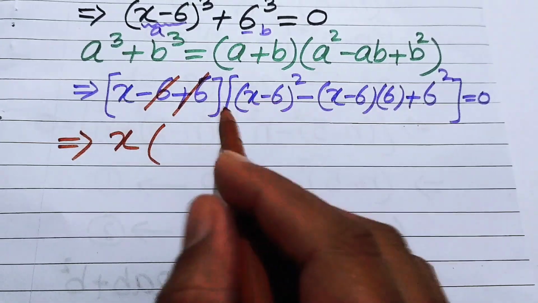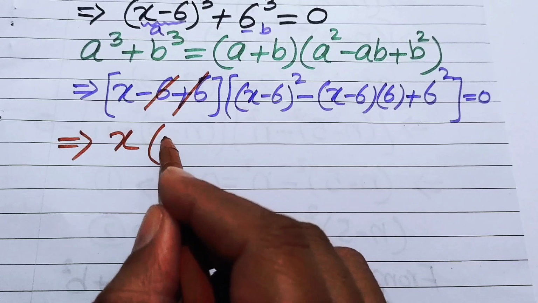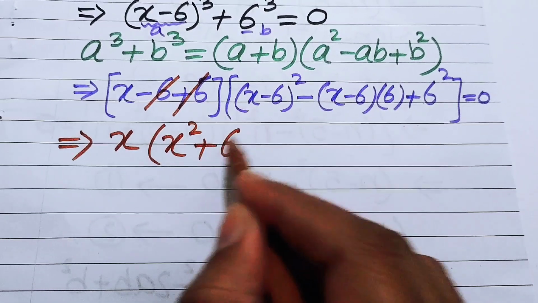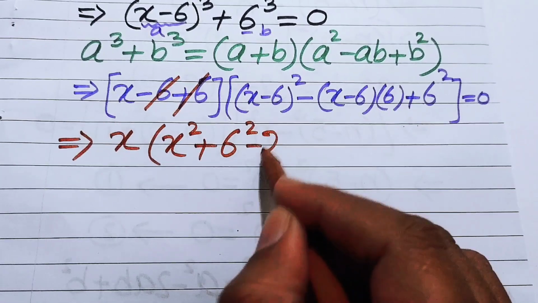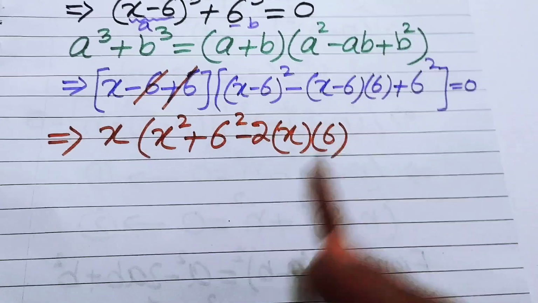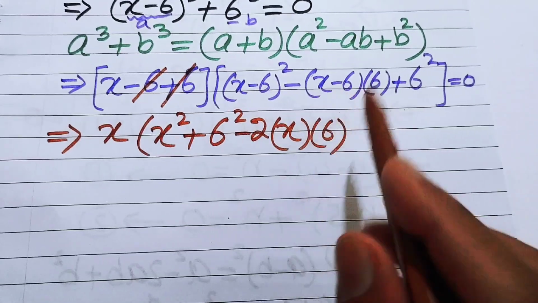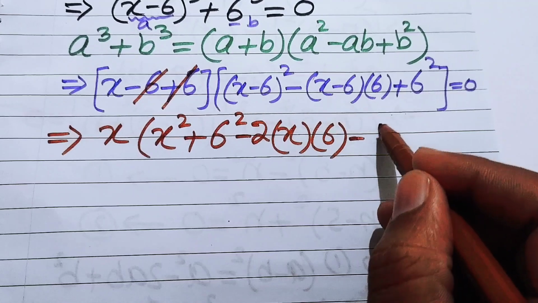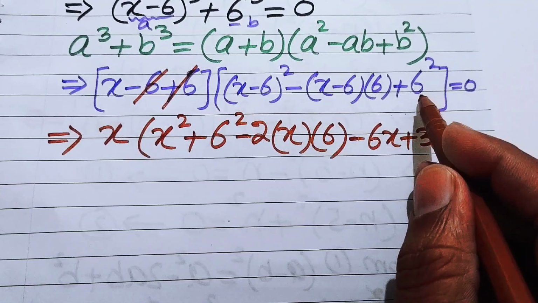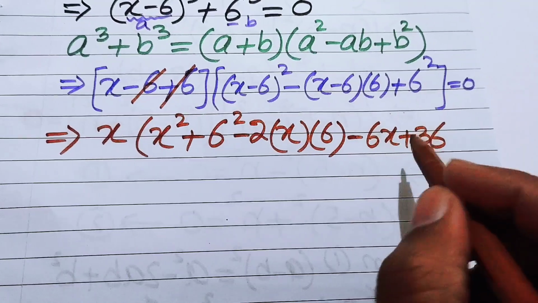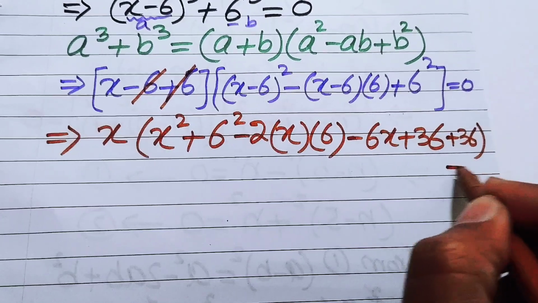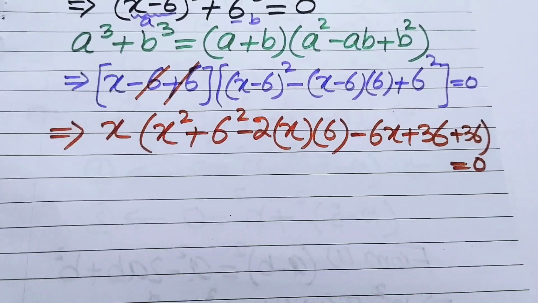So we use this formula, and you get the output of this term in this form: x squared plus 6 squared minus 2 times x into 6, and here we multiply this 6 on both of the terms, and you get minus 6x plus 36, and we know that 6 squared equals 36, and this whole equation equals 0.